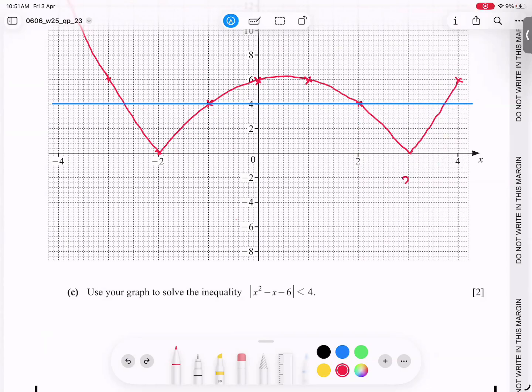So the x value is more than 2, and less than what is this number approximately? Because we are looking for the x value, this is approximately 3.7. So in the middle of that, how to write the answer? Less than 3.7 and more than 2.